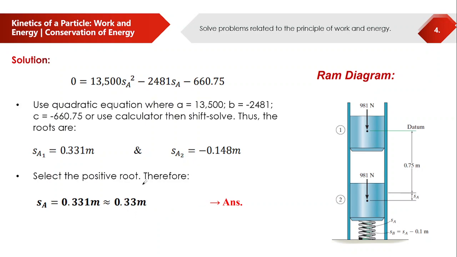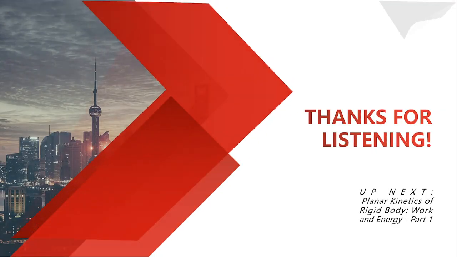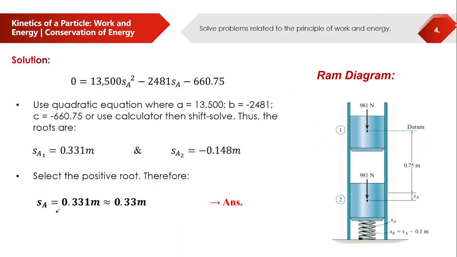So that will be 0.33 meters. That's how you solve the compressed length of S sub A so that it can stop the downward movement of the ram.